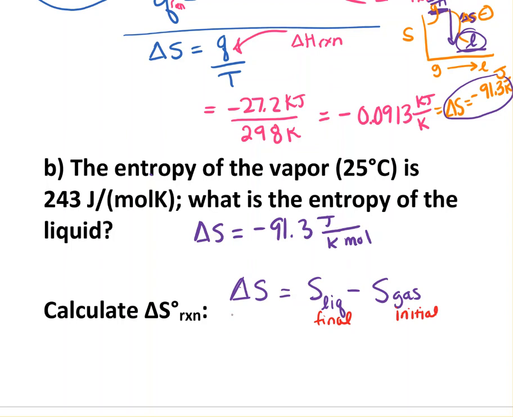So we'll plug in our number. We don't know this one, but we were given the entropy of the gas.